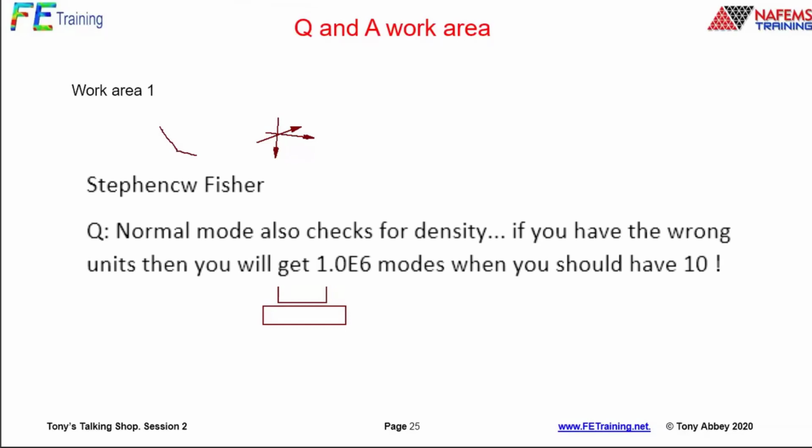Yeah, if you ask for all modes up to say 100 hertz, and you're expecting just a few because you've got a fairly stiff structure, say 3 or 4, and you put in a very low mass structure by mistake because your density is very low, you're not going to get any, because that's going to shoot your frequencies up. If you put it in too high, it's going to bring all the frequencies down. Then, as you said, you might get millions of modes in there.